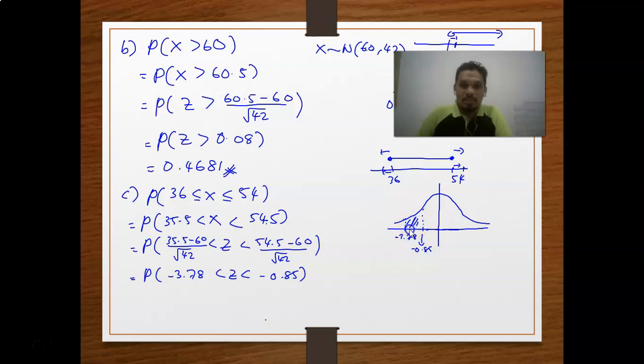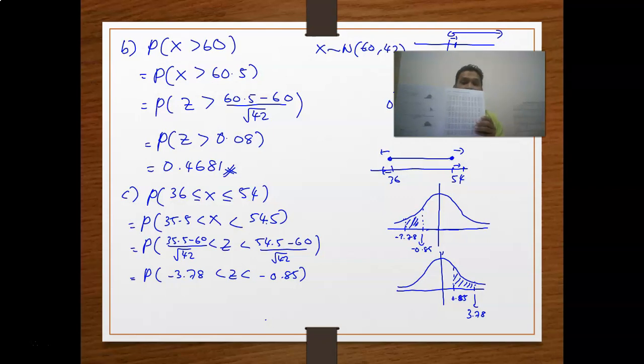Class, just imagine that if this area we bring up to the other side, negative 0.85 becomes 0.85, and negative 3.78 becomes 3.78. From the statistical book we can only find the probabilities for Z greater than or equal.